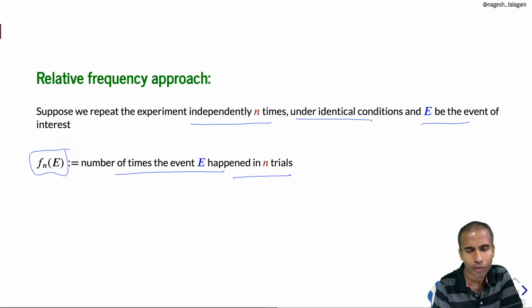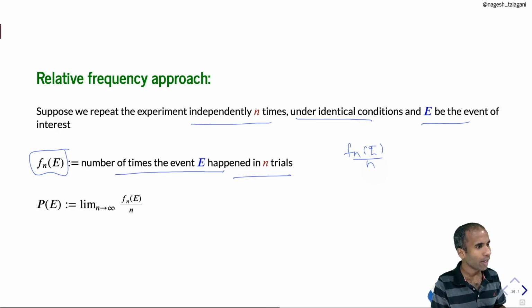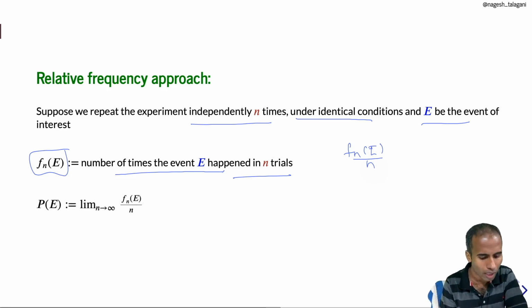Then the relative frequency is Fn of E by n, the number of times the event happened in n trials divided by n. So the relative frequency definition of probability is given like this: the probability of event E is defined as the limit of the relative frequency as n goes to infinity.